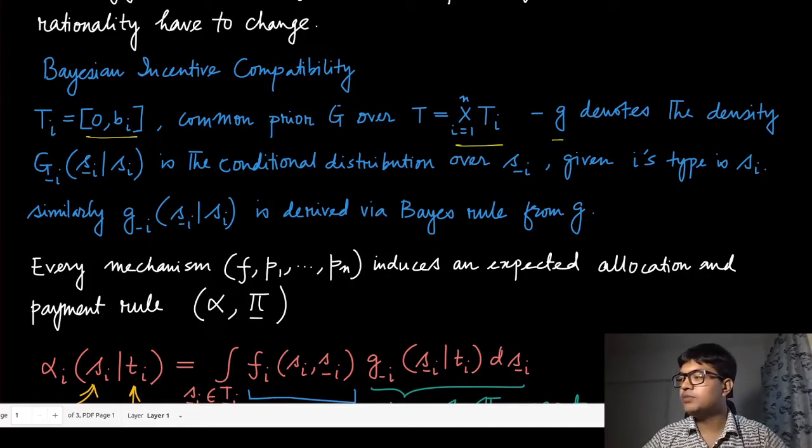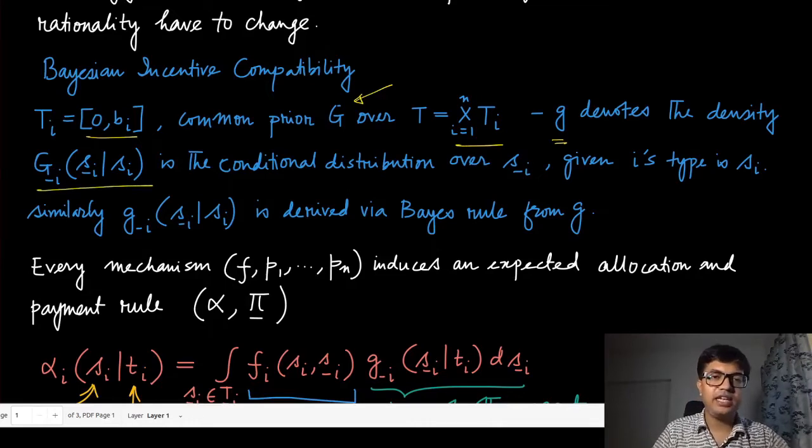And let us assume that lowercase g denotes the density of that common prior distribution, which is a CDF. Now, with this notation g_{-i}(s_{-i} | s_i), we are going to denote the conditional distribution over s_{-i}, the type vector of all other agents, given agent i's type, which is s_i.